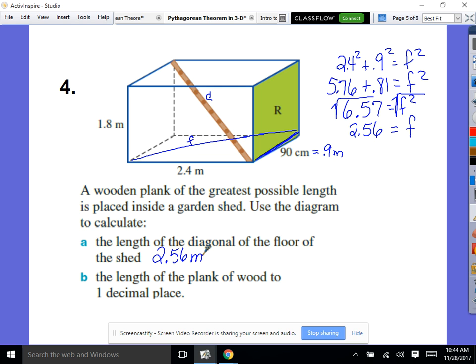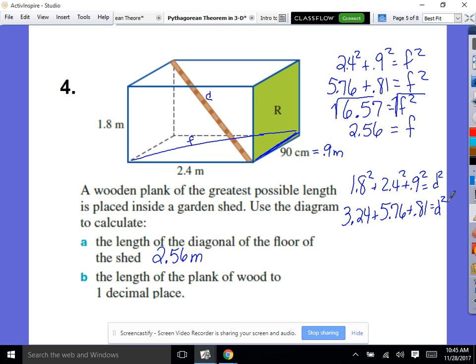Now we want the length of the plank of wood. So we're going to go back to 1.8 squared. Let's just do method 2. Plus 2.4 squared plus 0.9 squared equals D squared. So 1.8 squared equals 3.24. 2.4 squared we know equals 5.76. And 0.9 squared equals 0.81. All of this equals D squared.